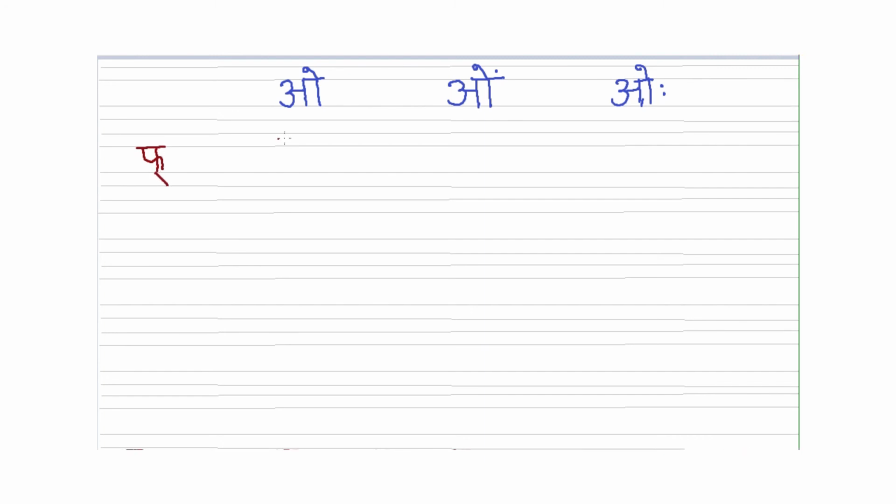So this is the pha. So the guNitAksharam for it will be pho, phom, and phoho.